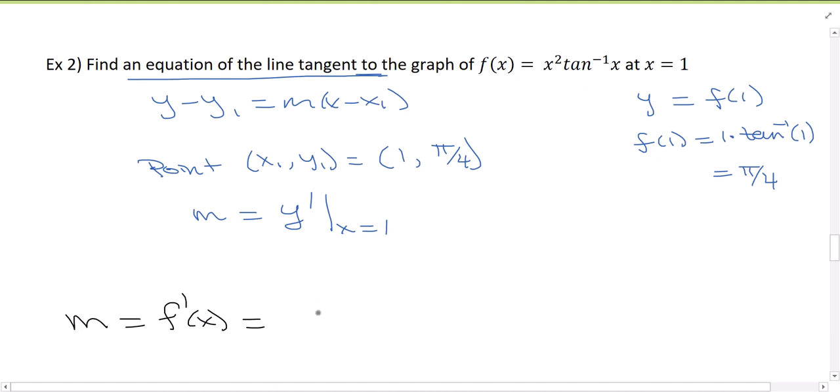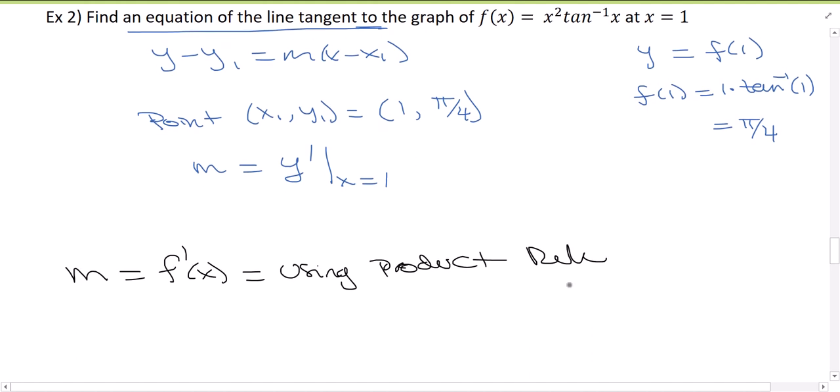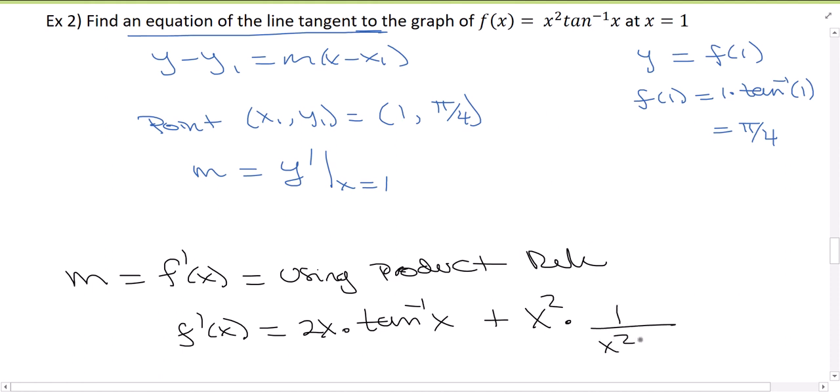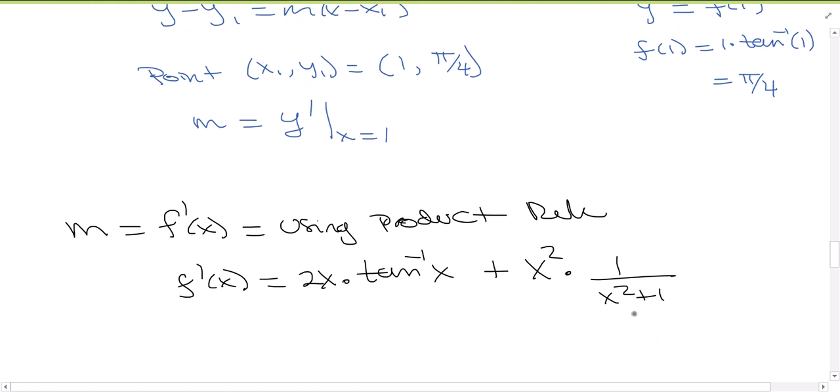The product rule says f prime is the derivative of the first, so 2x, times the second left alone, plus the first left alone times the derivative of the second. The derivative of inverse tangent is 1 over x squared plus 1. We just learned that one.